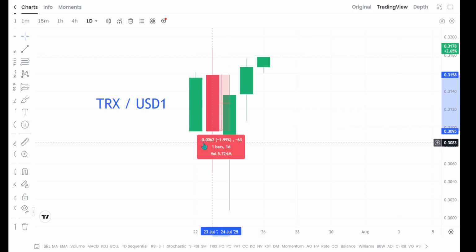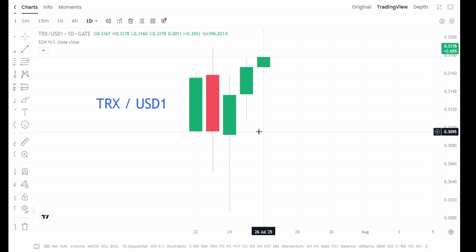So market price had decreased to 0.0062 USDT. It is 1.99%. So 63 USD1 was the loss in this day, and in this one bar, mean one day, 5.724 million TRX has been traded. So its market is not changing a lot.